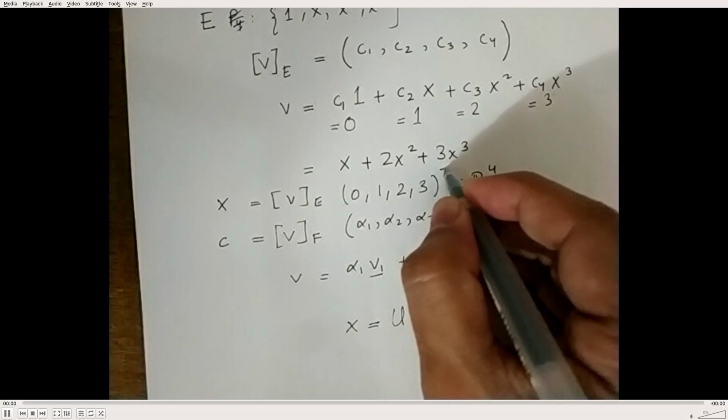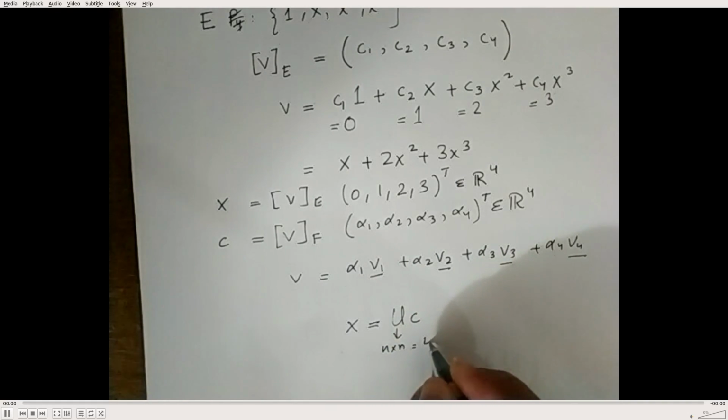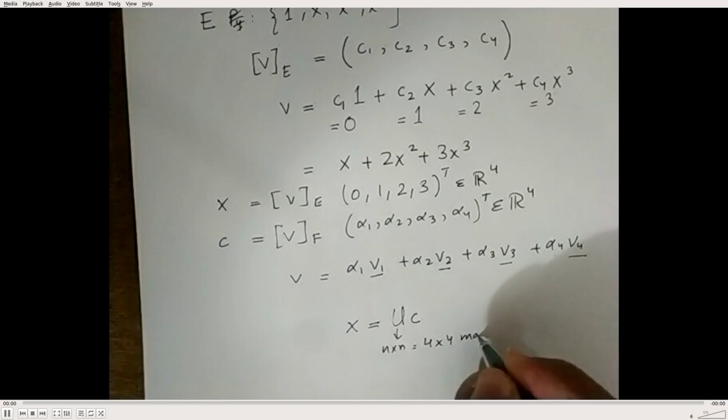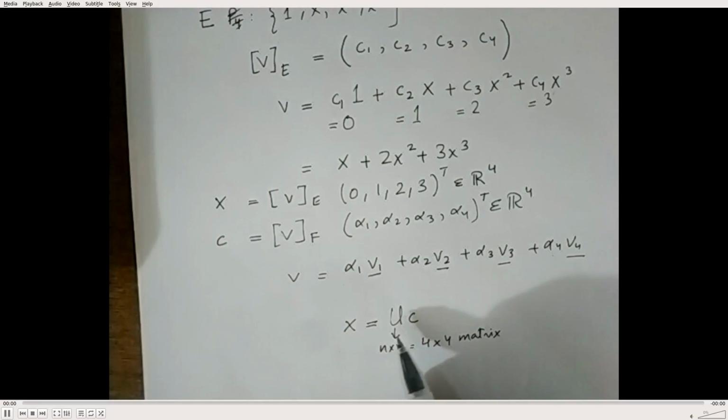Perhaps if I write transpose here, this would be more precise. And u is just now n by n, which is basically a 4 by 4 matrix. And it's a 4 by 4 transition matrix that will take coordinates of c to x. Of course, I have to find this u first, and we can do that in a bit.